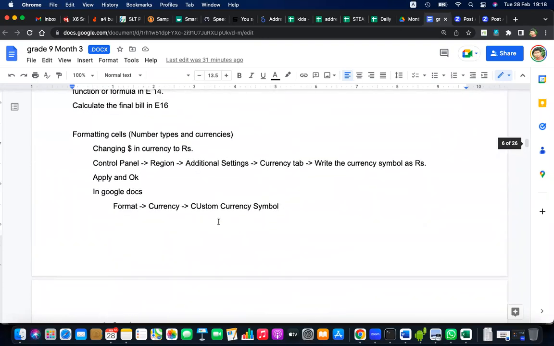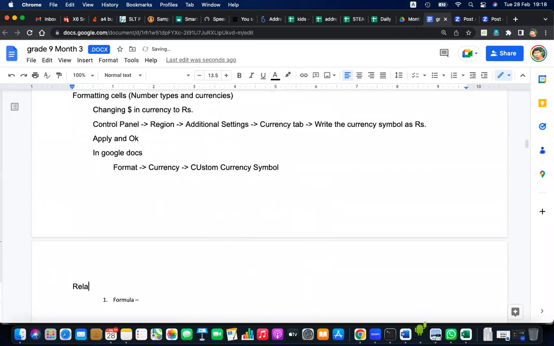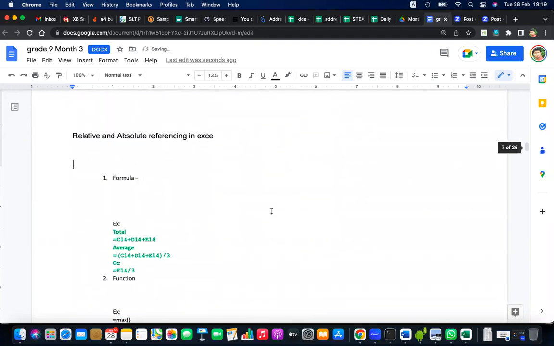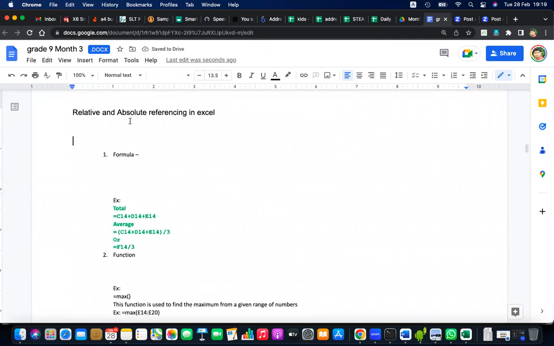So please write down: relative and absolute referencing in Excel. The topic is relative and absolute referencing in Excel.